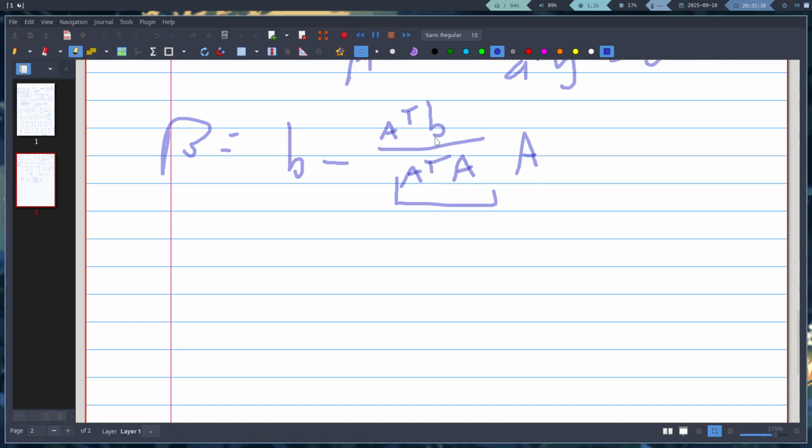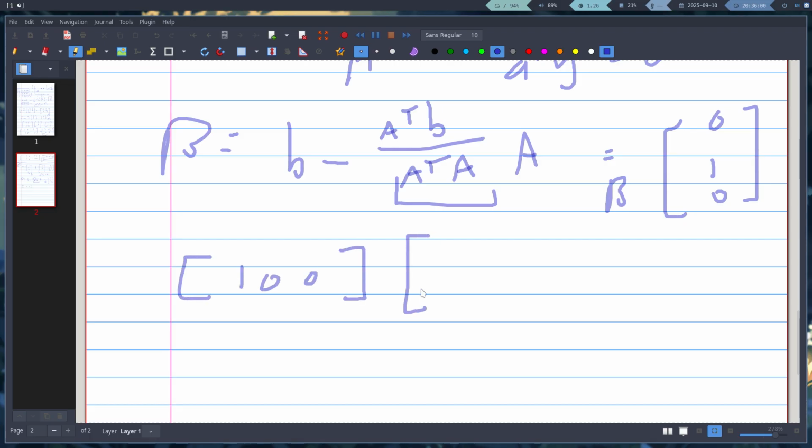This whole A transpose B situation is also fairly straightforward, and you'll find that B is 0, 1, 0. So should I write that out? It's so simple. So this is A transpose, and then you just multiply that by B, which is 1, 1, 0. You can carry this multiplication through, and you'll see that you get 1, 1, 0.